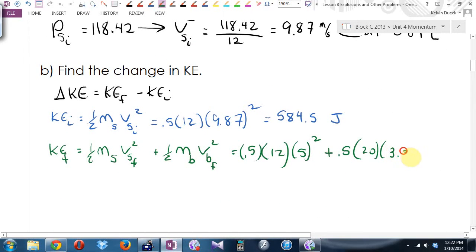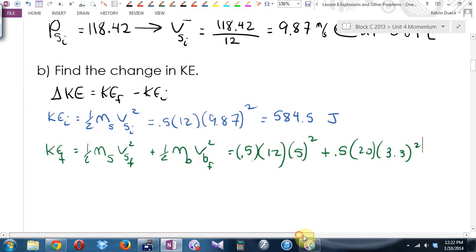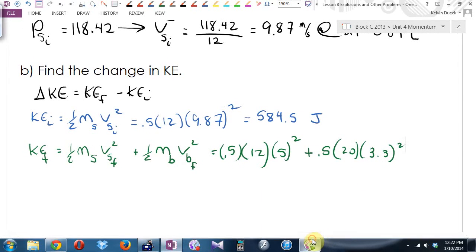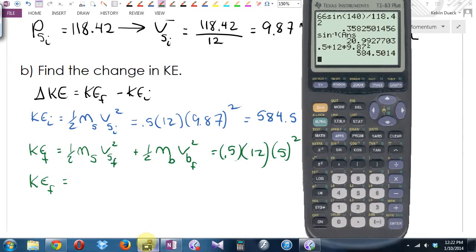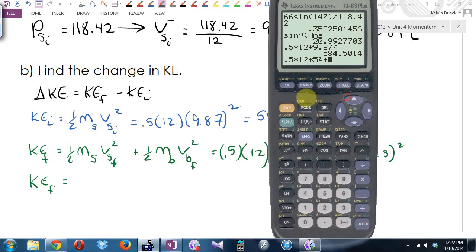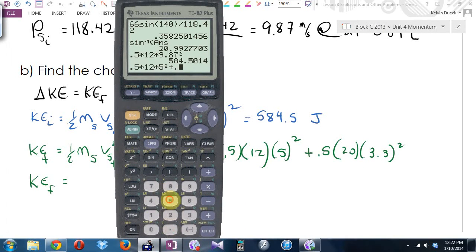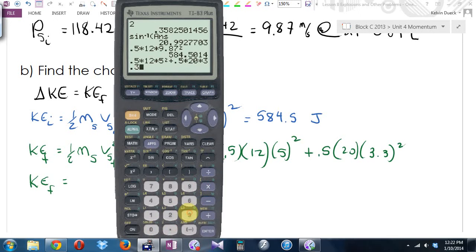It's a scalar, thankfully. Squared. A half times 12 times 5 squared plus a half times 20 times 3.3 squared.